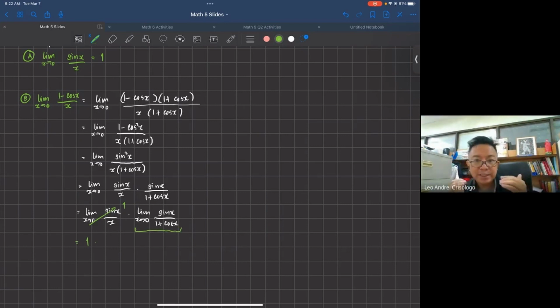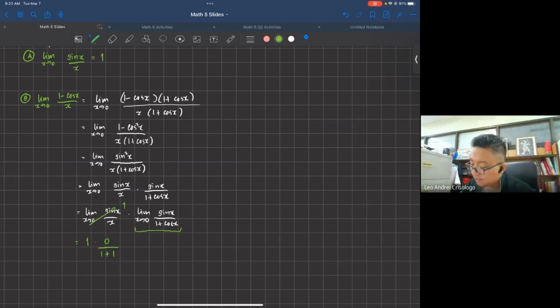Can we evaluate this limit? Kung 0 over 0 siya, then we need to do something else. But let's see. What is sine 0? 0. So, sine 0 is 0. But what is cosine 0? It's 1. So, hindi siya 0 over 0. It's actually 0 over 1 plus 1.